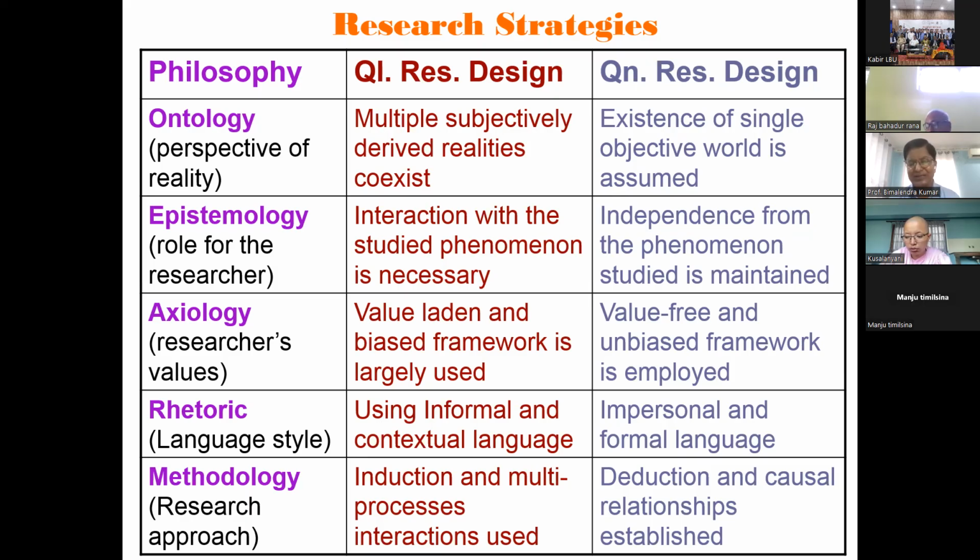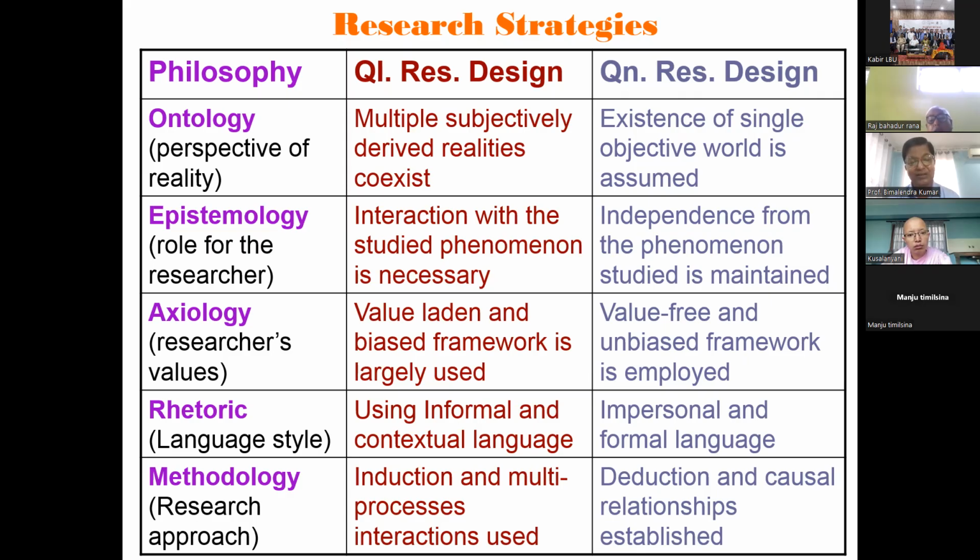He has to see how things and events are happening in our day-to-day life, and how phenomena and states are happening in our life. We have to make interactions with that. In quantitative research, the researcher maintains independence from the phenomena studied. So there is a difference between qualitative and quantitative research.